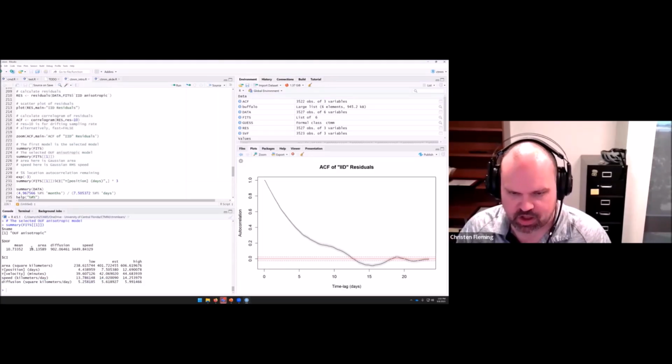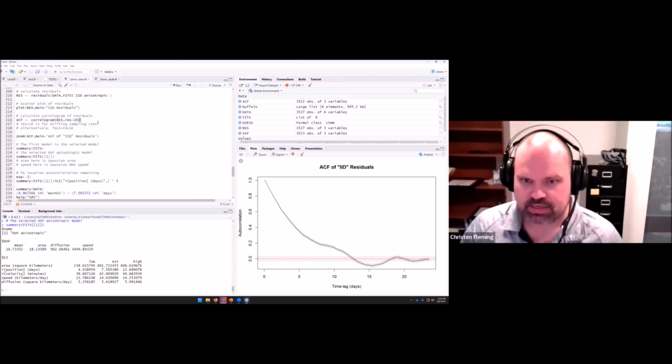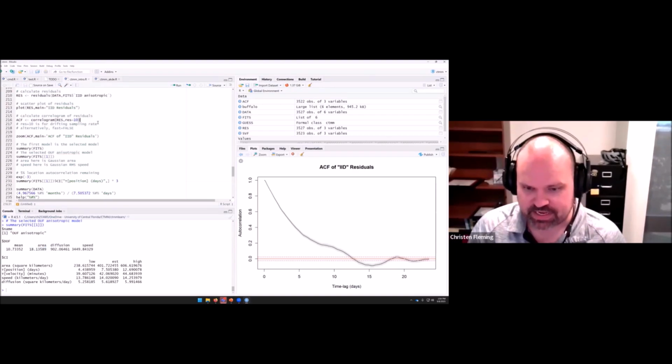And then you have a whole bunch of different degrees of freedom or effective sample sizes, not only for the mean and the area, but also for the diffusion and the speed. And the area effective sample size is very low now. It's like 18. And that's about how many crossings you actually observed in the buffalo, because it takes a couple of weeks for it to get across its range. So the effective sample size really should be about 18.